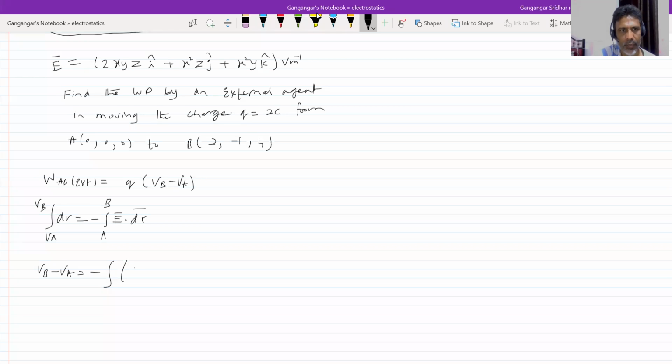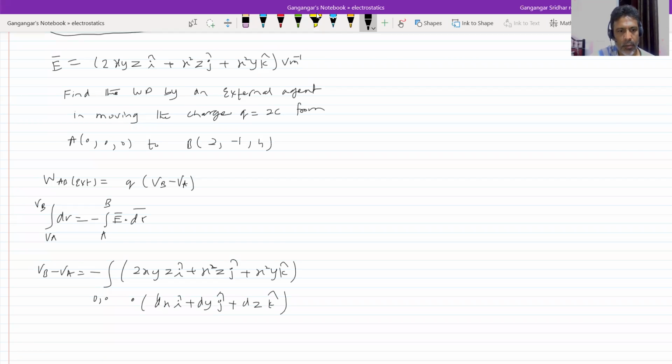E bar, substitute this vector: 2xyz i cap plus x square z j cap plus x square y k cap, dot dx i cap, dy j cap, dz k cap.